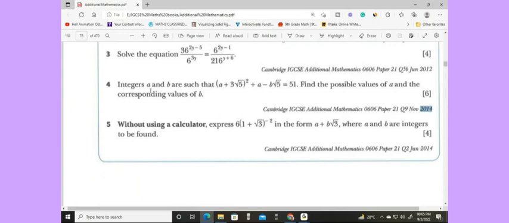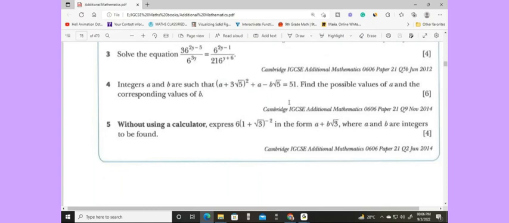It says that integers a and b are such that there you are having an irrational equation here, given, where a and b are the integers. We need to find the possible values of a and the corresponding values of b. So how are we going to do that, that's something that we need to find.